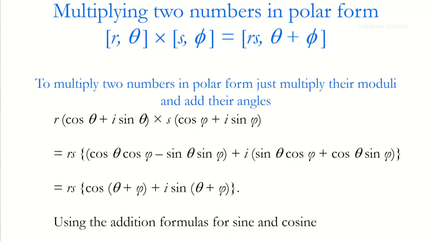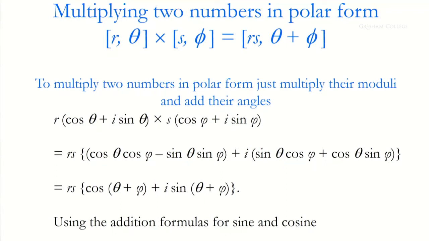And if you multiply the two together, the result is the complex number which is a distance rs away from the origin, and the line joining the answer to the origin makes an angle of theta plus phi. So multiplying two complex numbers when they're given in polar form is very straightforward. You just have to multiply the moduli and add the corresponding angles.